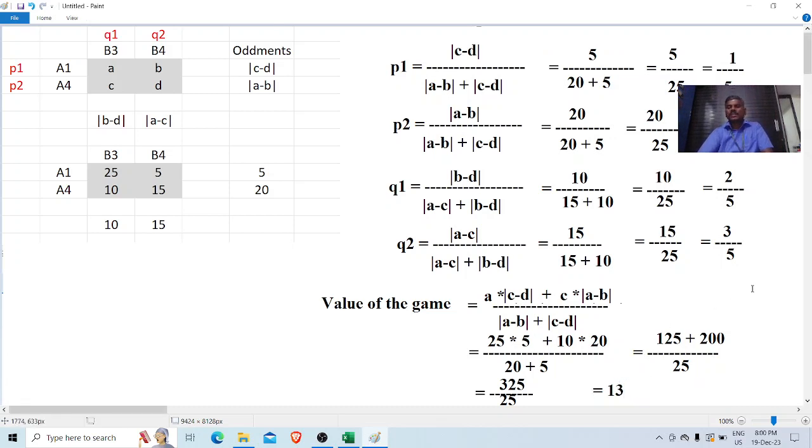So this is the value of the game, 13 by 1, which is 13. So the value of the game is 13.